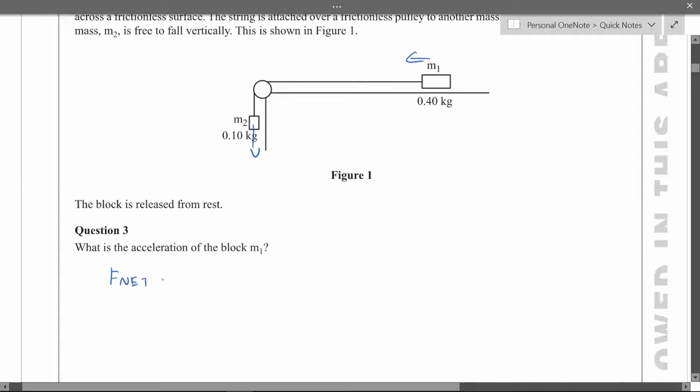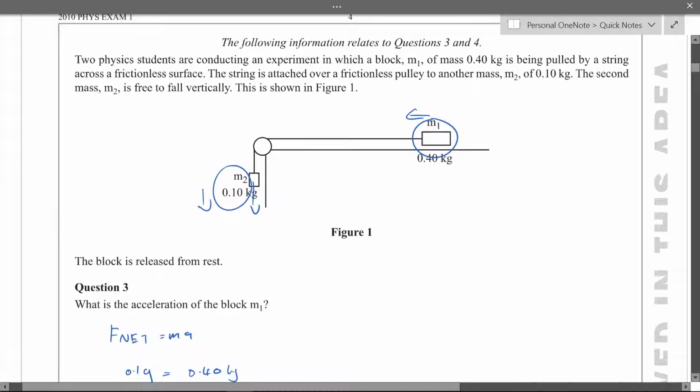So we use F net equals ma. Since it's going down, you do this system minus this one. So weight force is 0.1 g... equals 0.40 kg, because there's no friction, so there's no actual force bringing it otherwise.